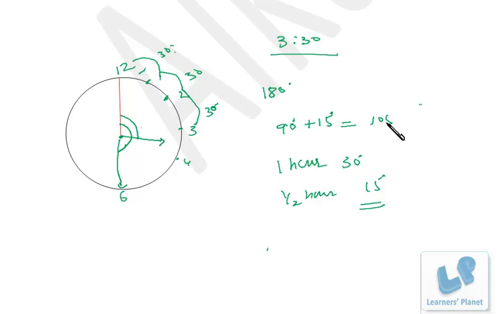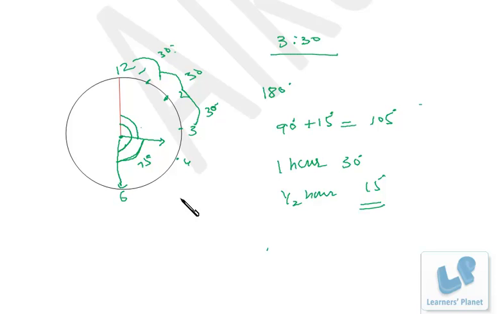So in all 105 degrees it will move from 12 to 3:30. So this angle is 105 degrees, this angle is 180 degrees. That means this angle will be what? 180 minus 105, that means 75 degrees. Okay, getting my point?